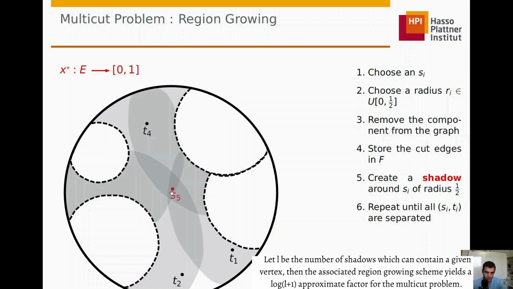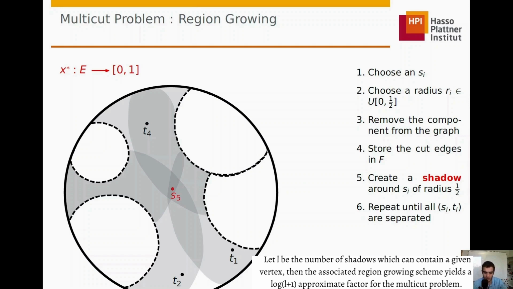And hence, the region growing scheme has a log k+1 approximation ratio, because at most it creates k shadows because it has k terminal pairs, and those k shadows can all intersect in one vertex. We will see this more deeply at the end of the presentation when I will convince you that our result holds.